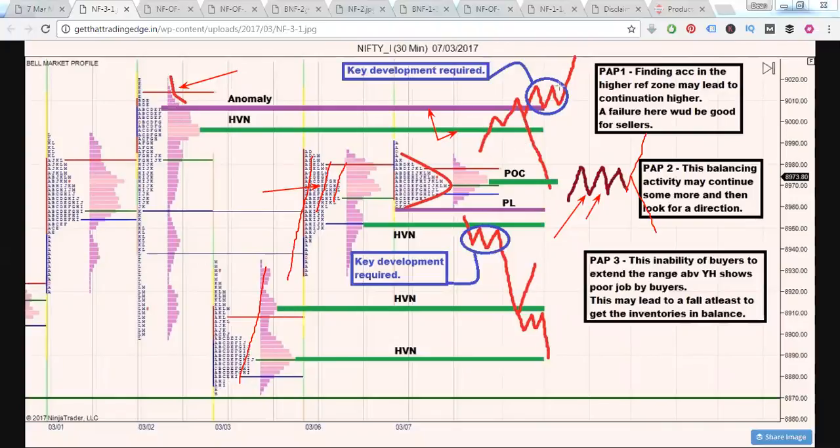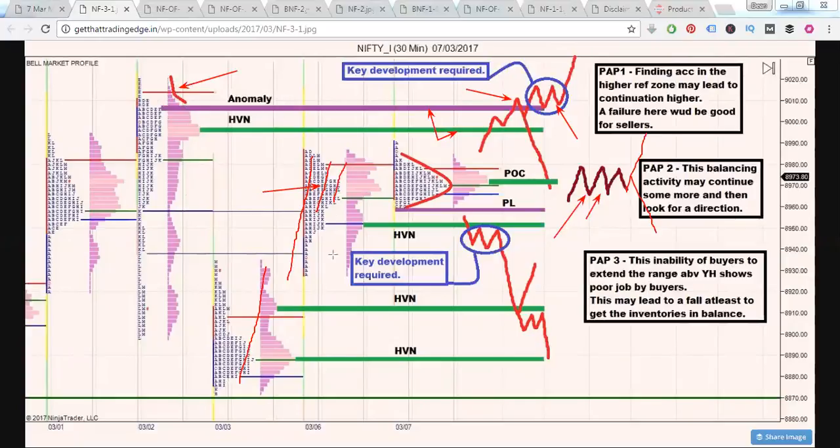One of the two things might happen: either we get an immediate rejection. In that case, we will test this point of control and possibly repair these low references, this poor low as well. But if we start finding acceptance in this zone, if we start absorbing this rejection from the sellers here, then we might look for higher prices.